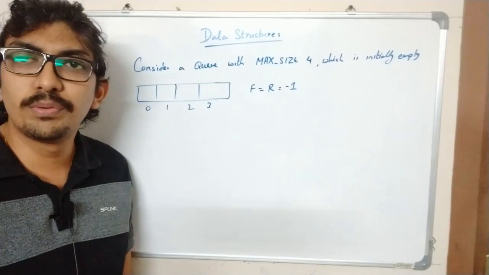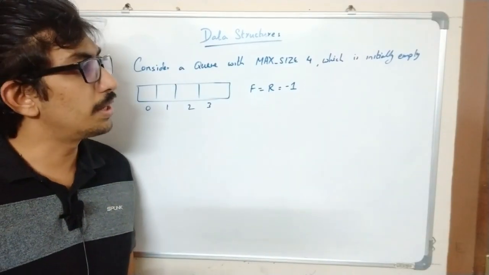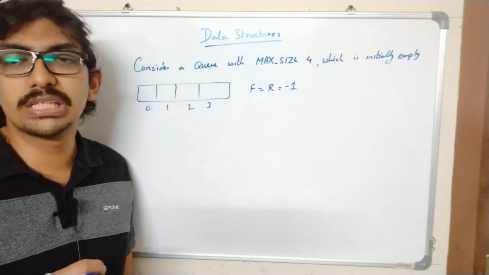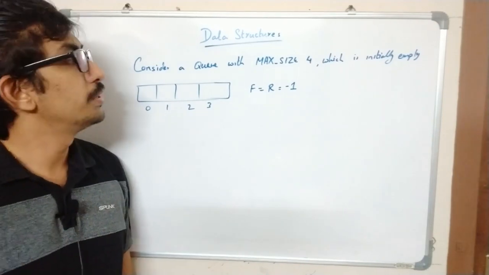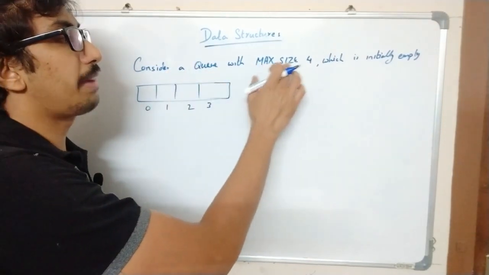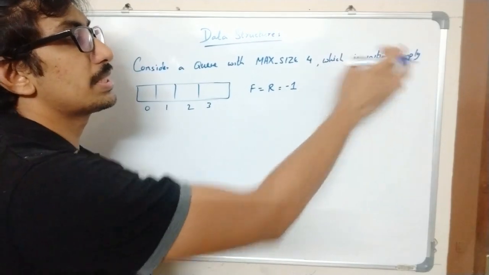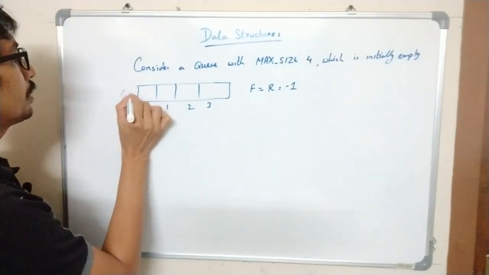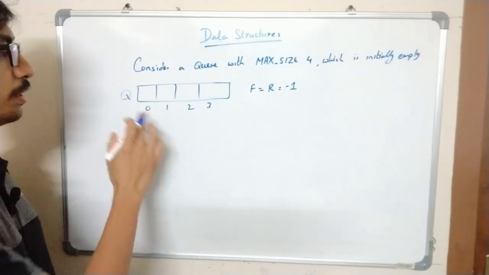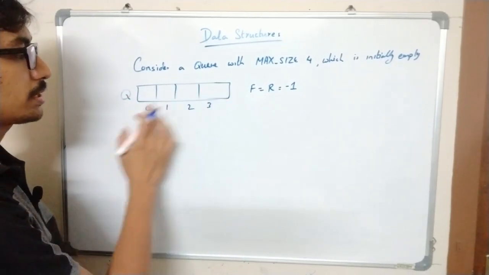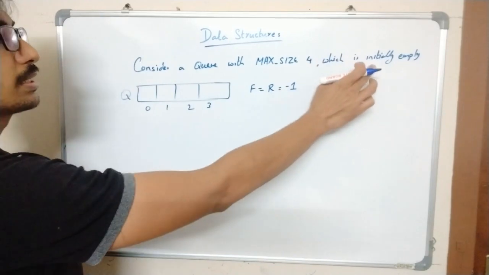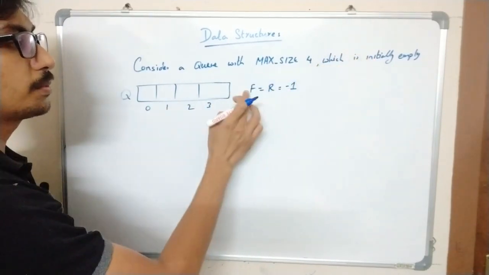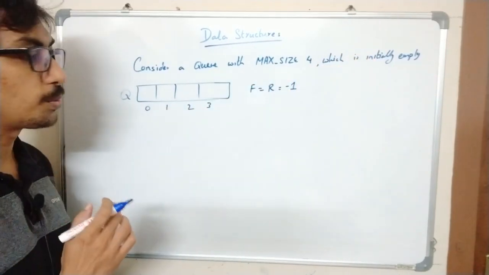Okay, so before moving into the operations or algorithms of queue, we will see the working of a queue with an example. Consider a queue with maximum size 4, which is initially empty. We are going to implement it using an array. I am naming the queue as queue. We have a maximum of 4 locations, 0 to 3, and as the queue is initially empty, we initialize front and rear as -1.